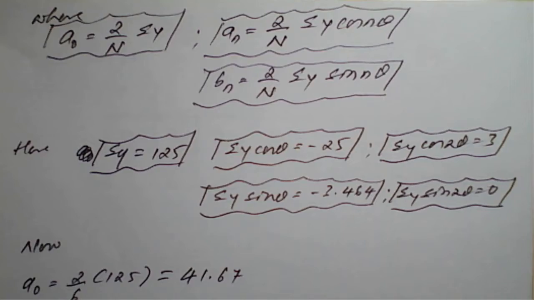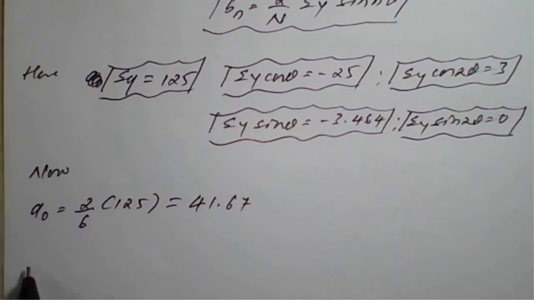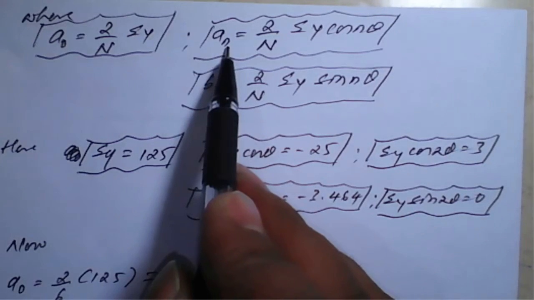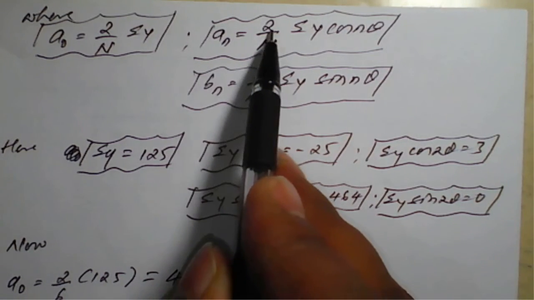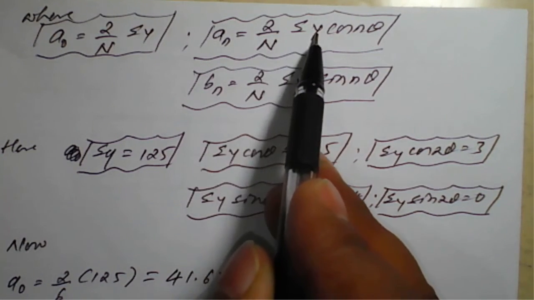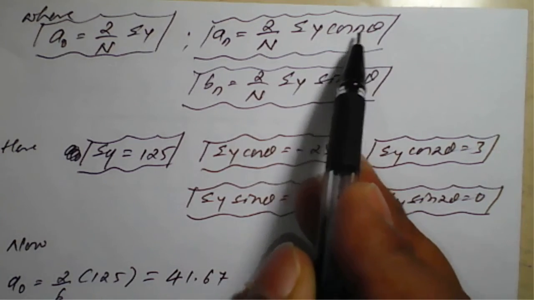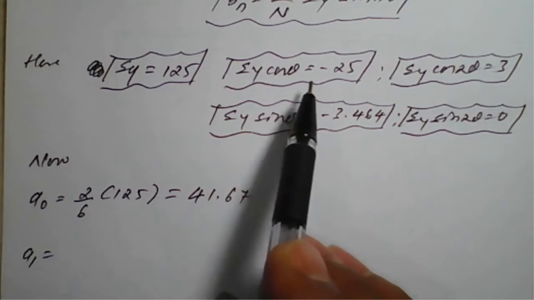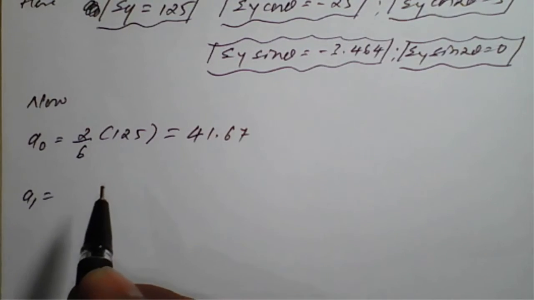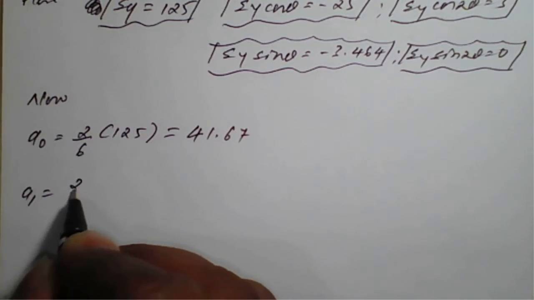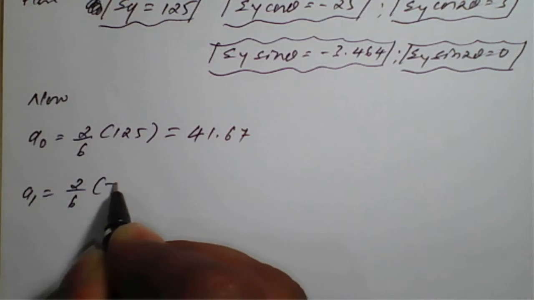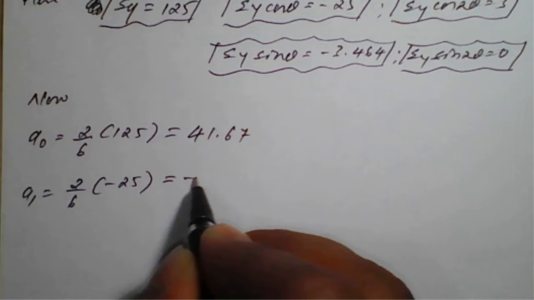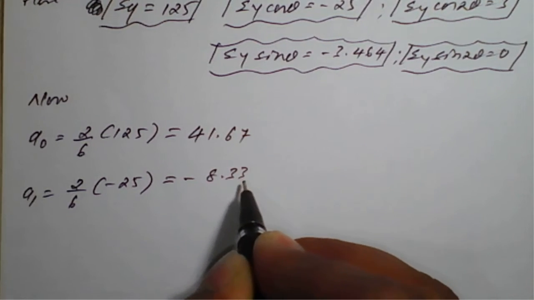Next, the A1 value. If you apply small n equal to 1, A1 is 2 upon capital N times the summation of y cos theta, which is minus 25. So A1 is 2 upon 6 times minus 25, which is minus 8.33.